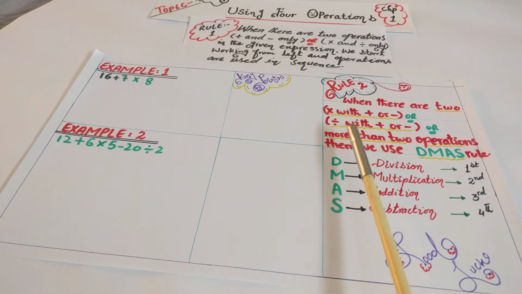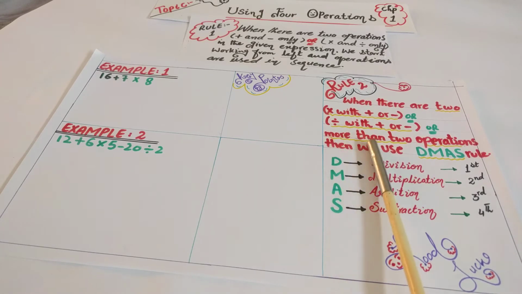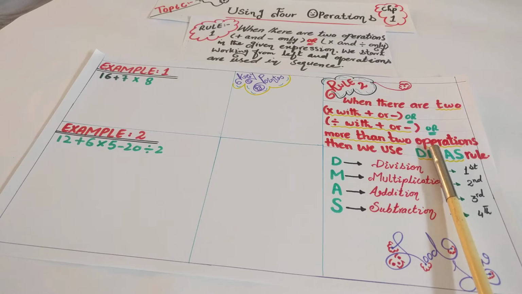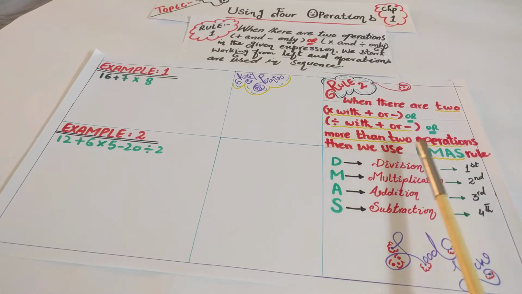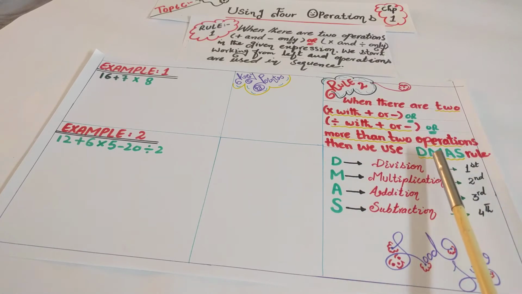Second condition is if in the given expression there are more than two operations, then again we use the DMAS rule. Getting me? Now the question is, what is the DMAS rule?